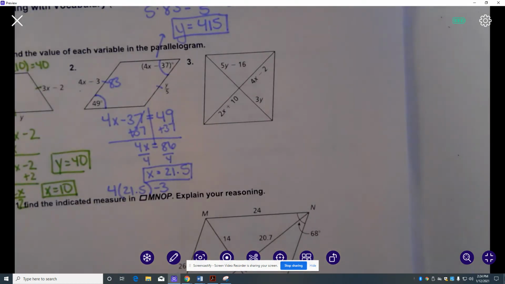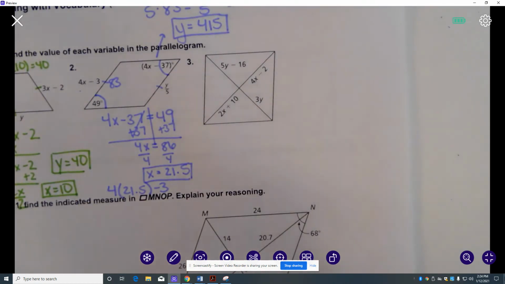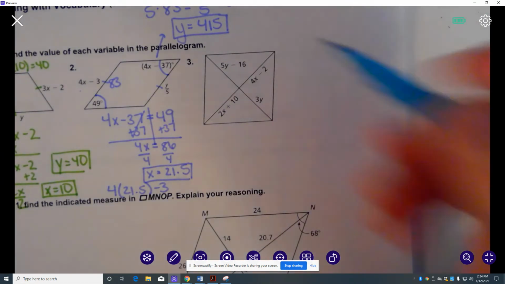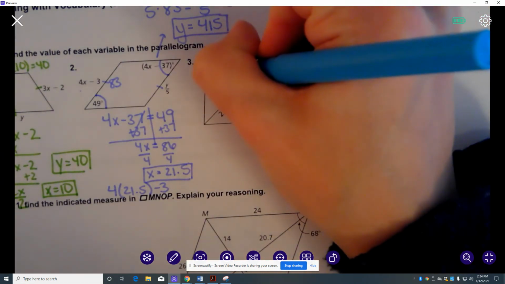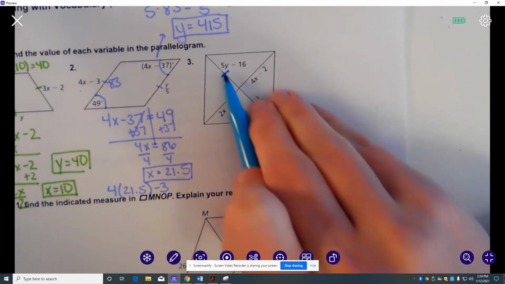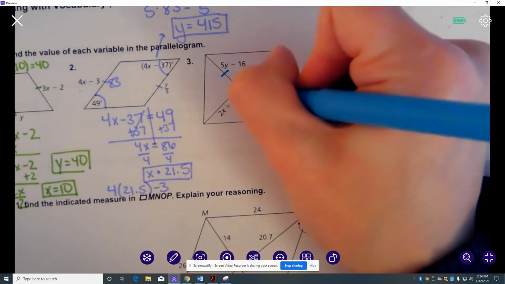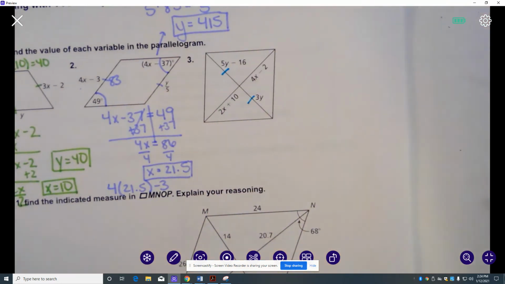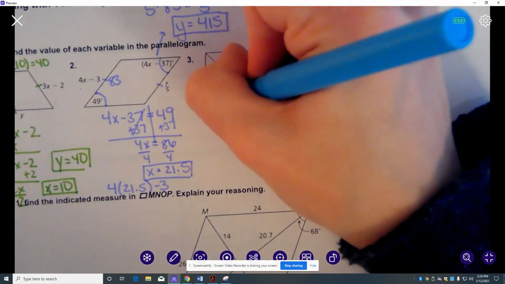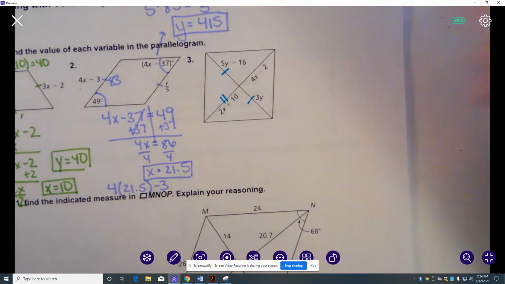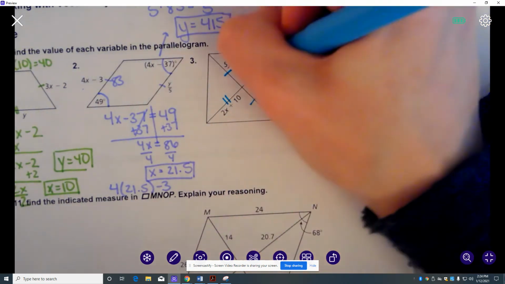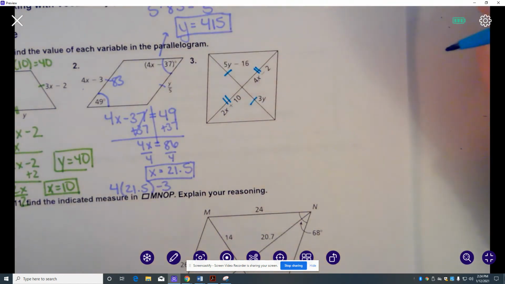Remember what that means: since they bisect each other, they cut each other into two congruent pieces. So this segment is congruent to this segment, and this segment on the diagonal is congruent to this segment.